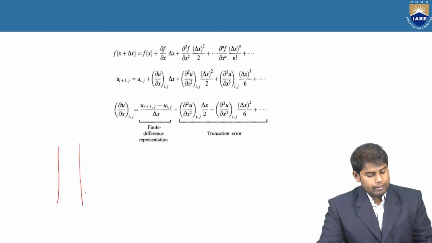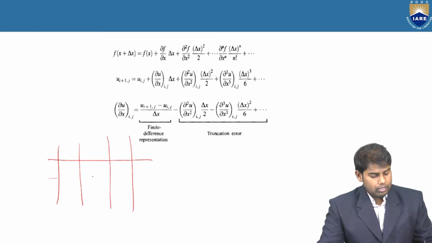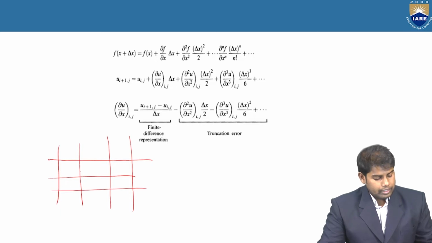Let's take a mesh. We already saw the mesh figure in the previous slides, and I am drawing a detailed view here. Let's say this is our point of interest. I am taking a particular area in the mesh and a particular point.